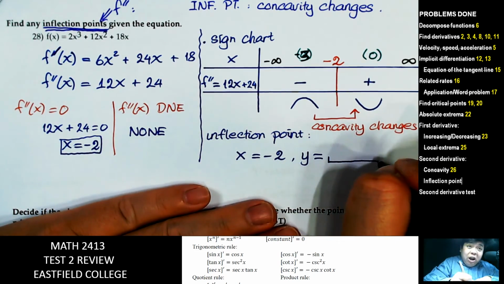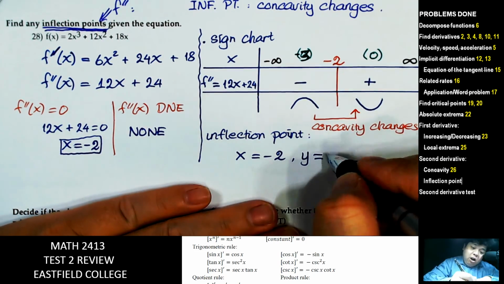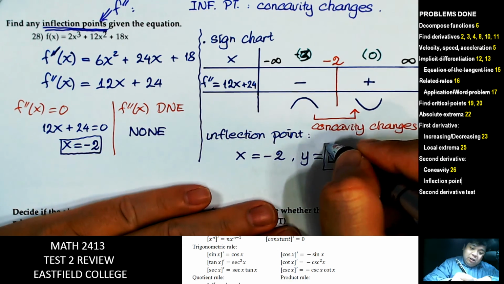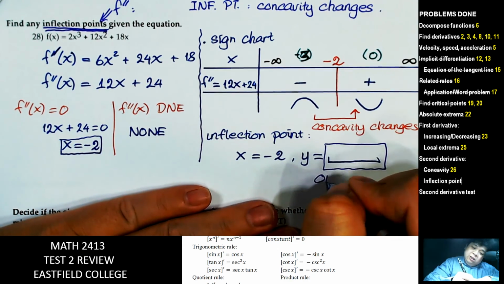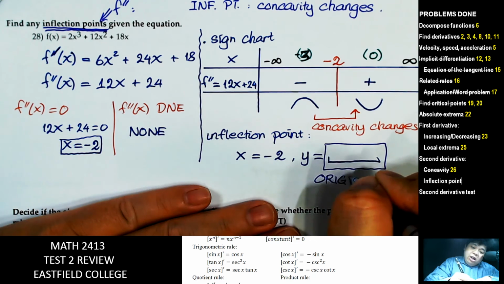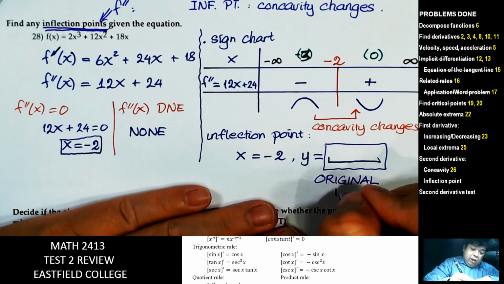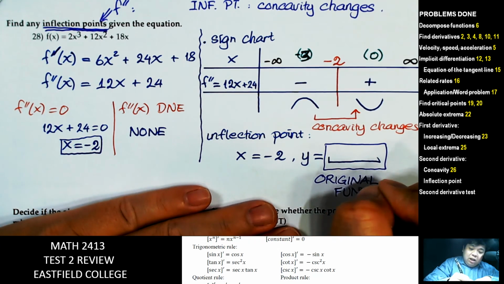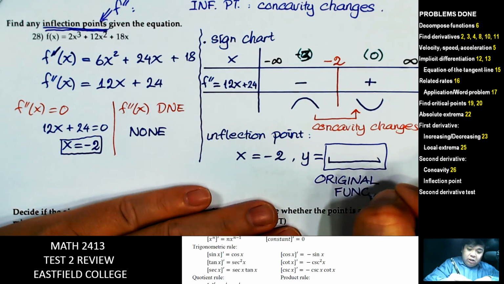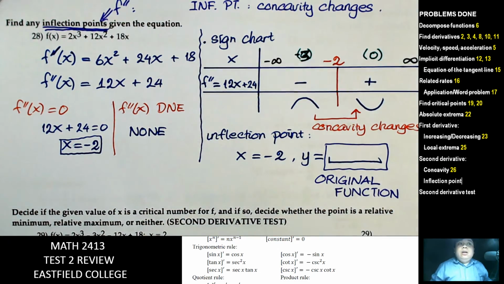But if we want the y value, it must come from the original function. So an inflection point, maximum or minimum must be a point on the graph. That means it comes from the original function. Right.